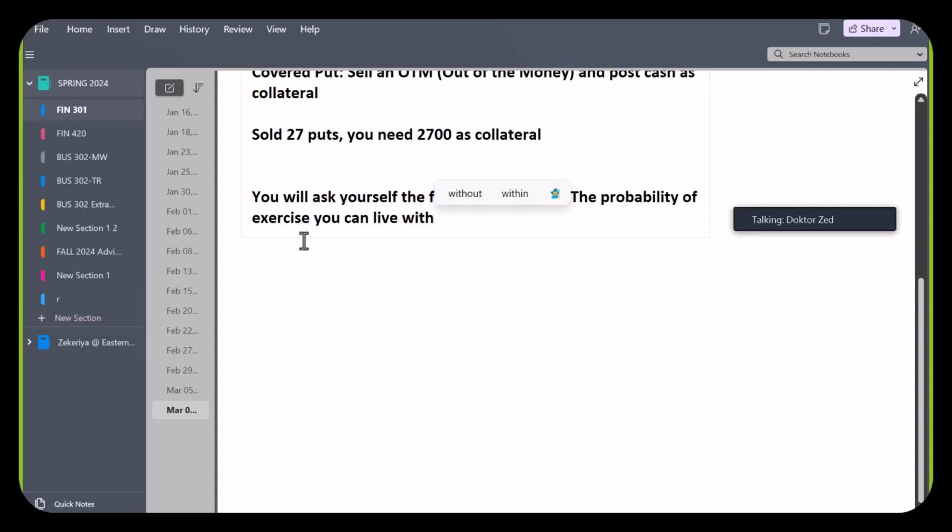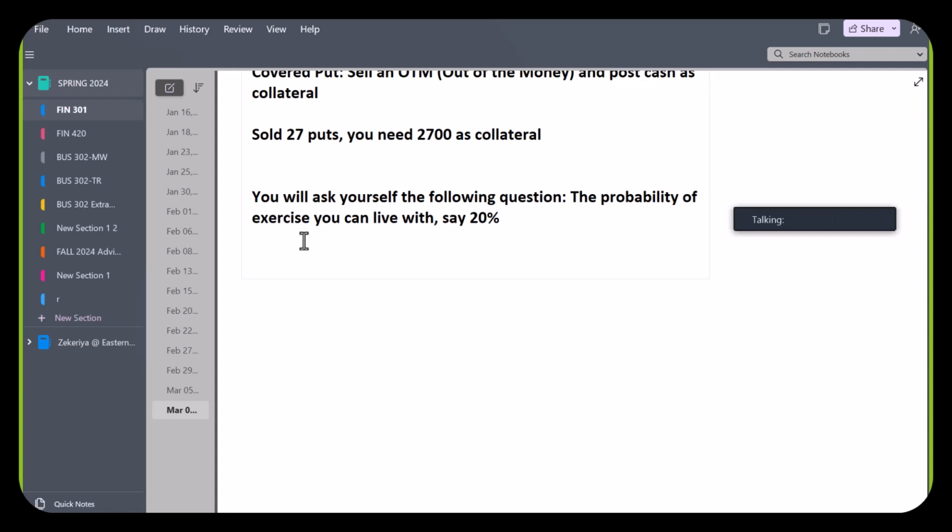So let's say I did the secured put strategy, 26 or 27 for next week. By what probability am I willing to live with owning those 100 shares at $27? Say 20%. Okay.